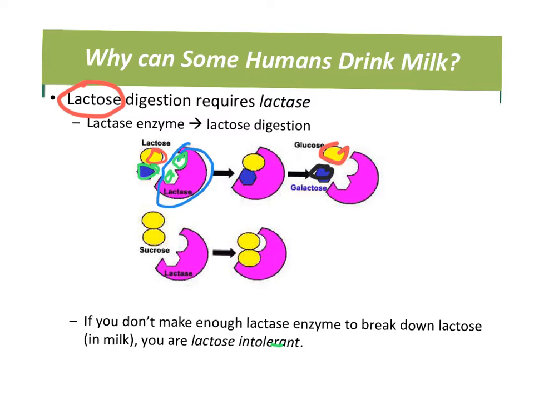And if you have the right enzyme, called lactase, you can break those apart and use those sugars in cellular respiration. So in milk, in addition to other things that are in it like fats and other proteins, it has a lot of sugars that can be broken down, but you need the enzyme for it to happen.